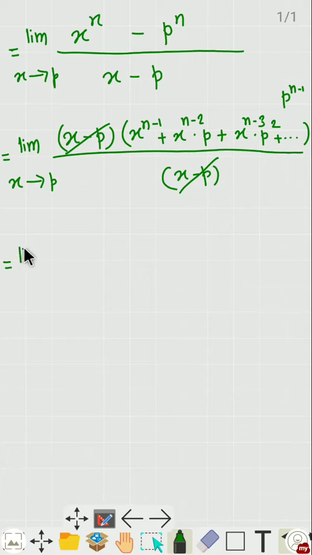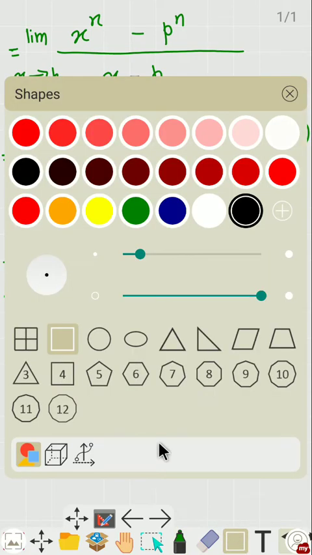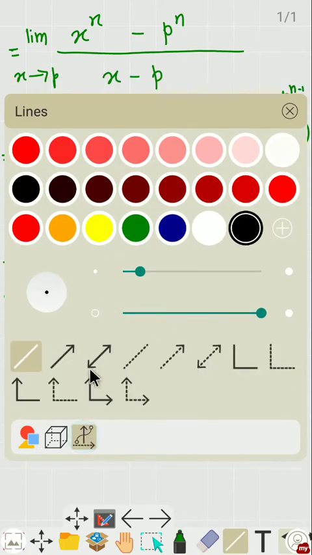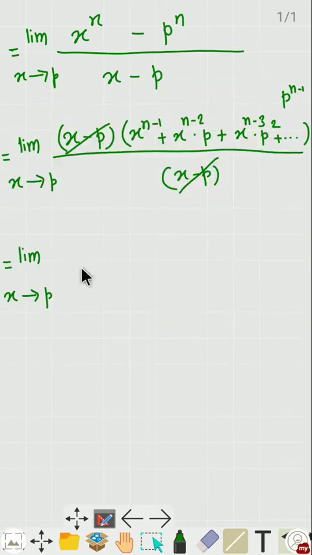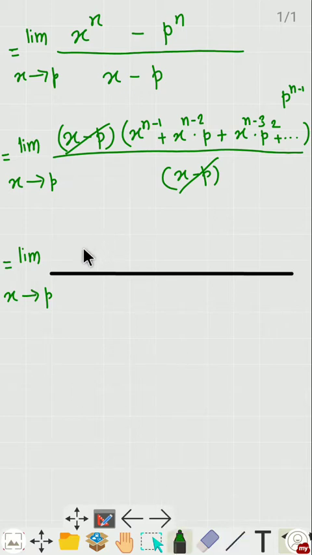It is equal to limit x tends to p. There is no denominator now, the denominator is cancelled.